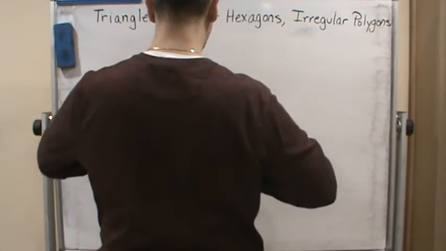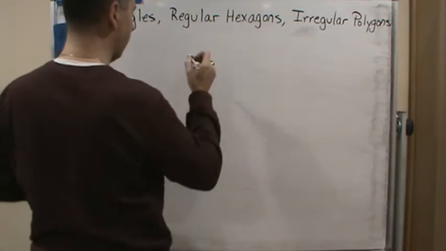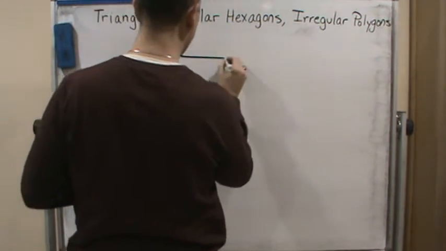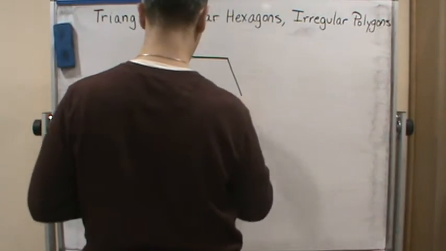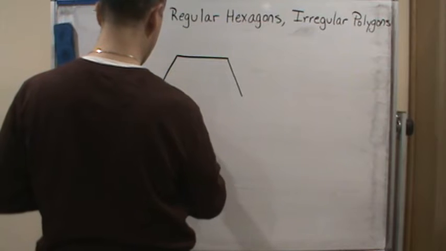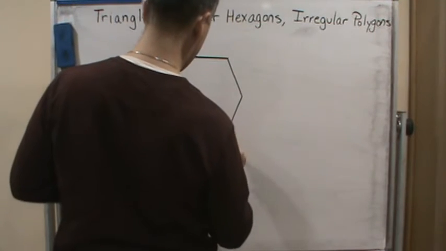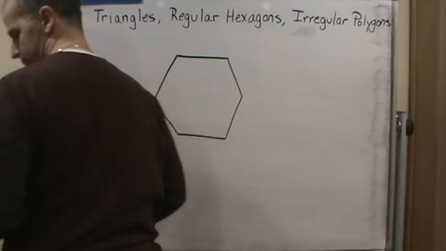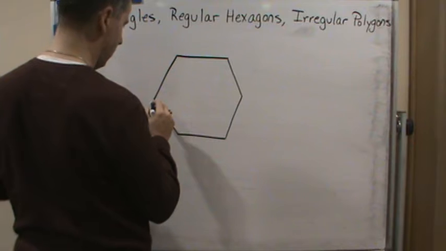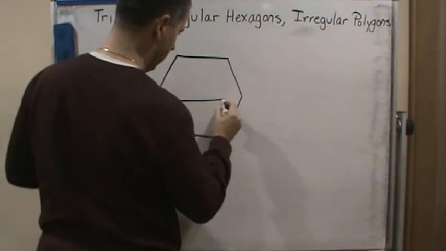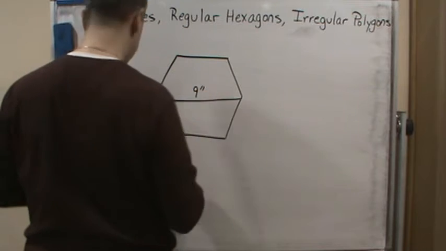Okay, so here's the hexagonal tile that we're going to use, or that they're going to use, I should say. Okay, and so they give us the distance from corner to corner is 9 inches.